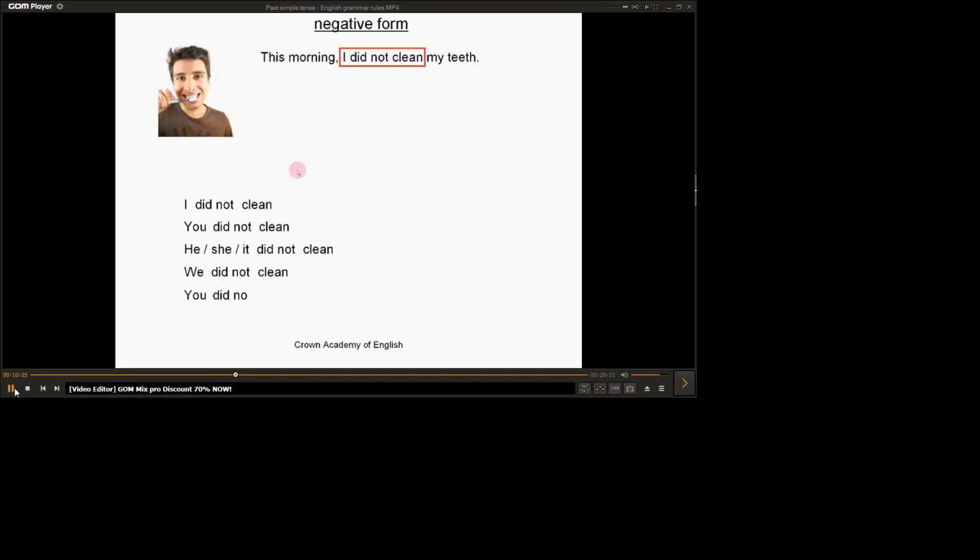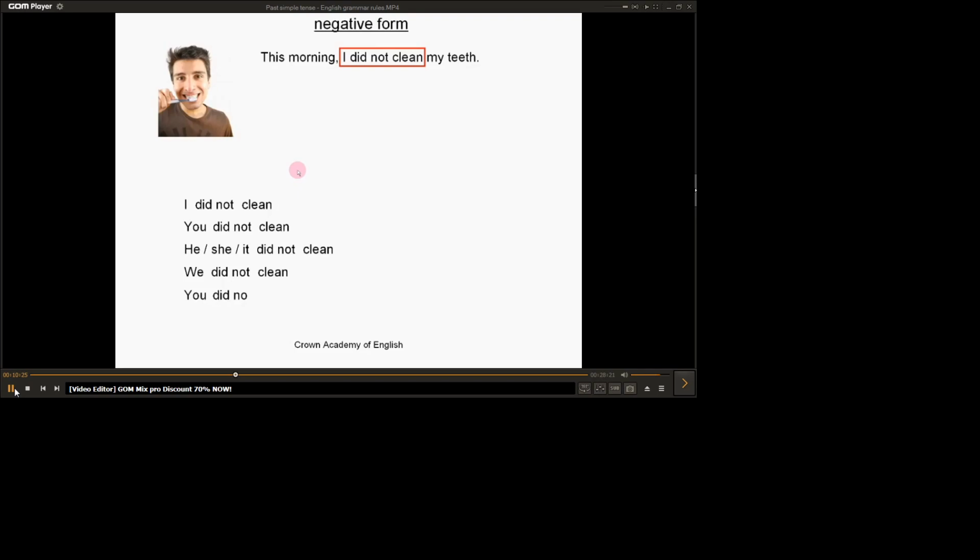So this is the important word, did not, followed by the infinitive. So here, this morning I did not clean my teeth. This is wrong. Okay, this is the past simple form, but that is wrong because in the negative it must be the infinitive form. Okay, that is wrong. This one is right, the infinitive.